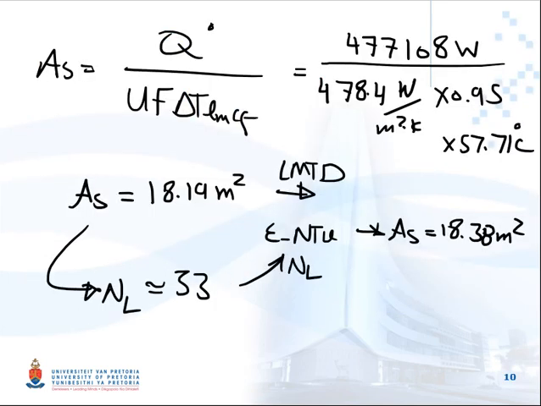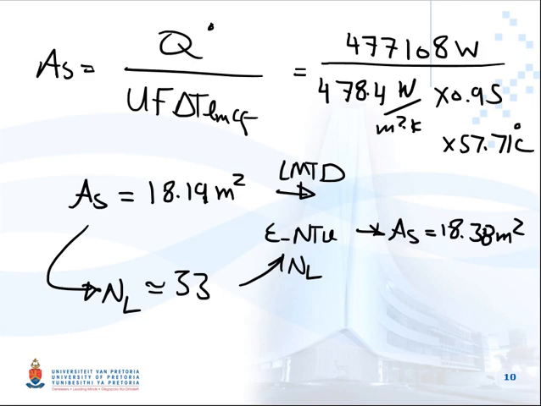So with a very good assumption, we can say that AS, if we use the LMTD method, will be equal to 18.19 square meter. But we also know all those uncertainties related to the correction factor.